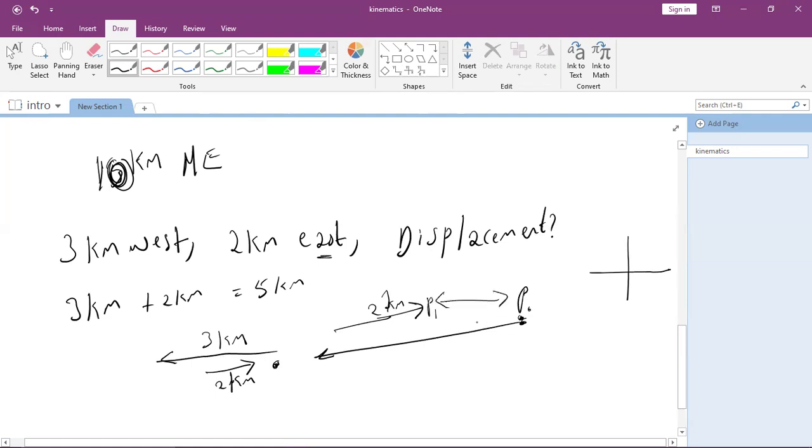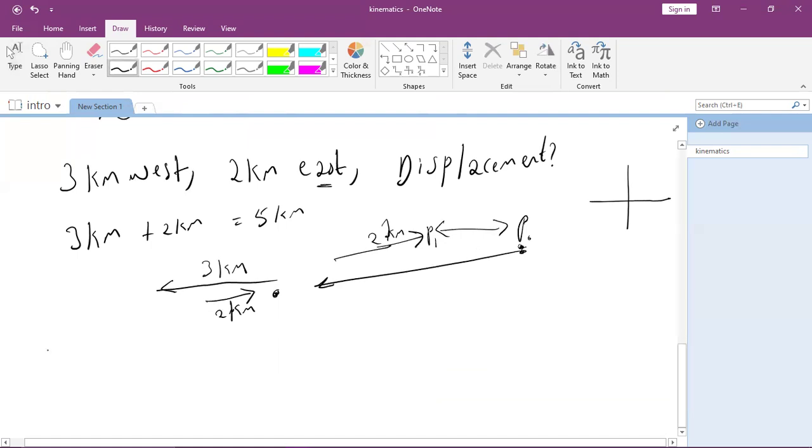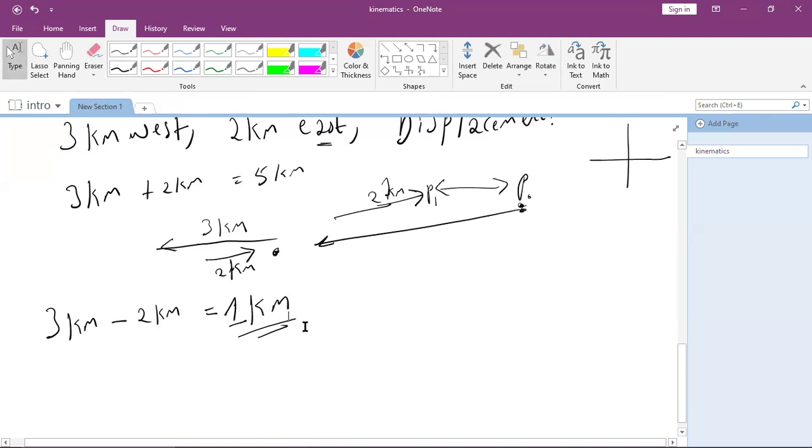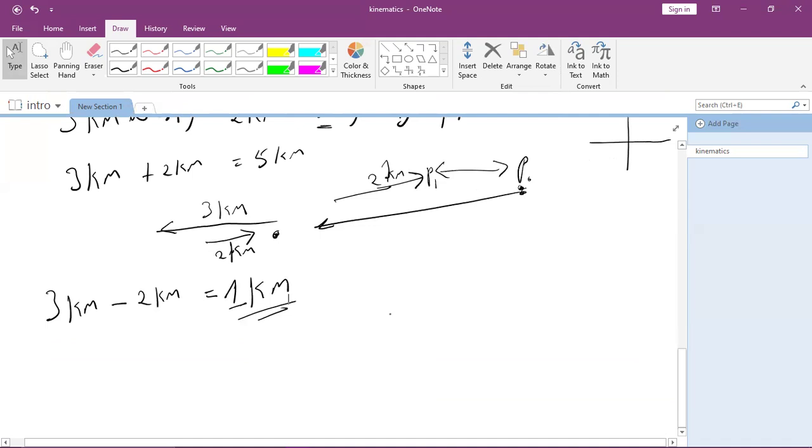Because displacement is the change of position. So that would be 3 kilometers minus 2 kilometers, and that's 1 kilometer. But now we want to give it direction.